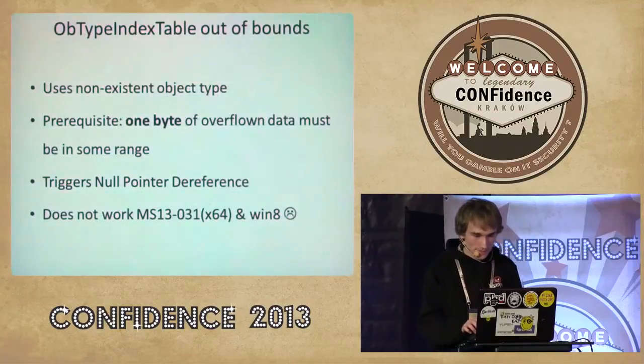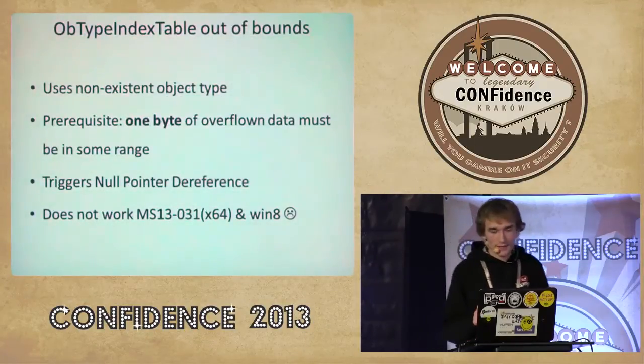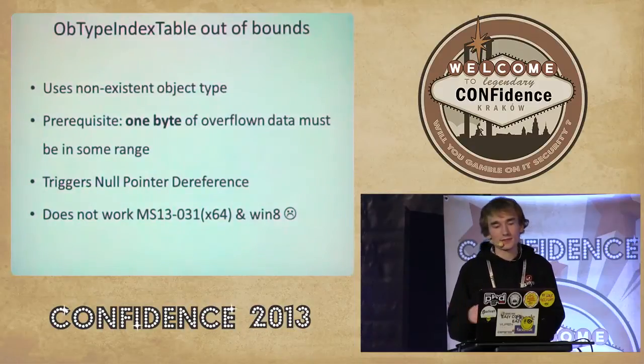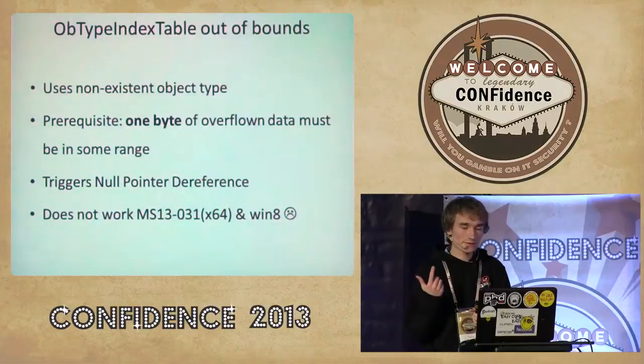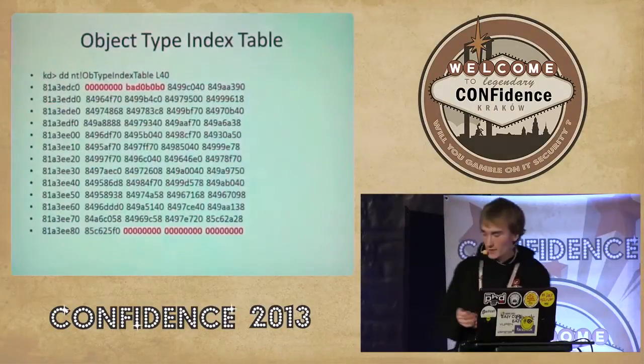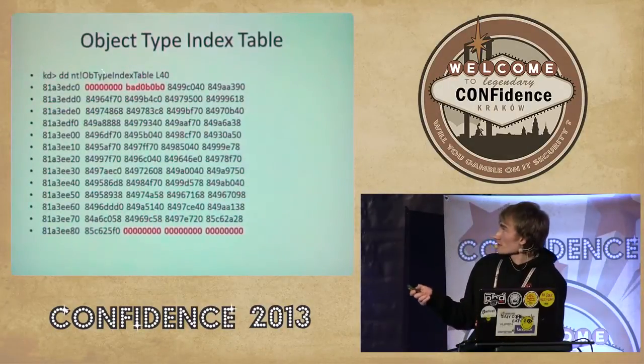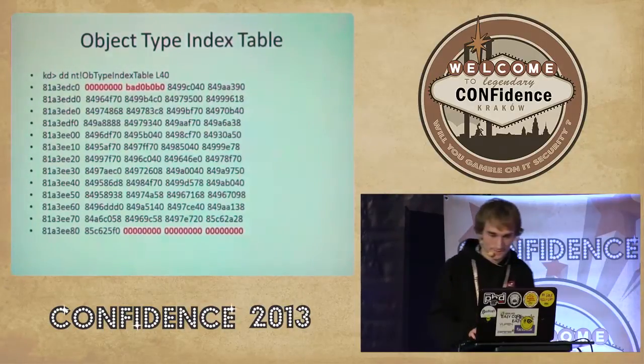So basically, the cool thing is that the only prerequisite is just 1 byte of overflown data. For example, if you overflow with zeros, you trigger a null pointer reference.